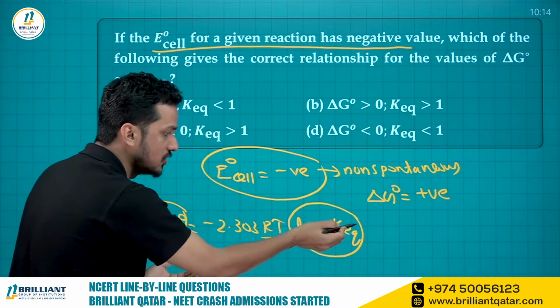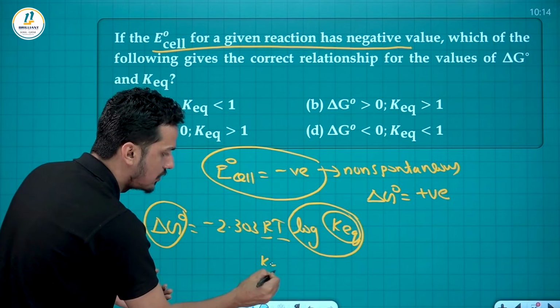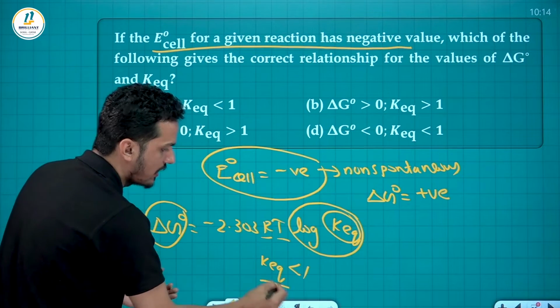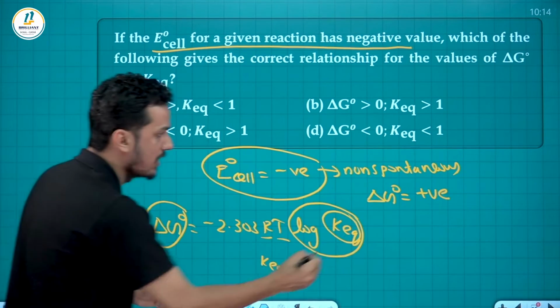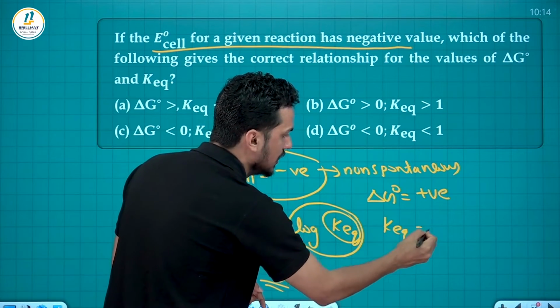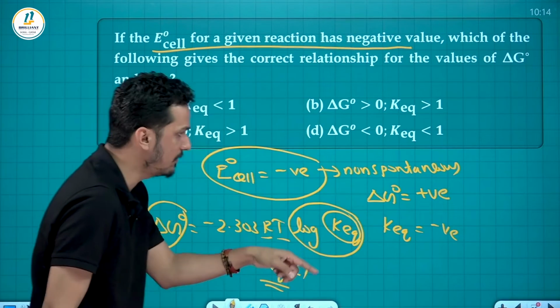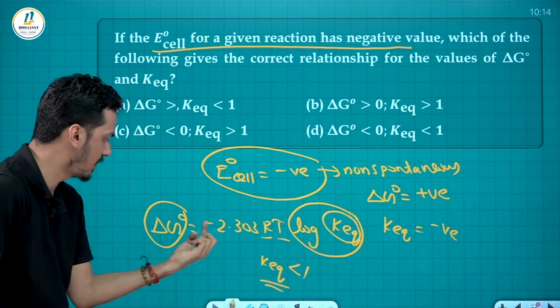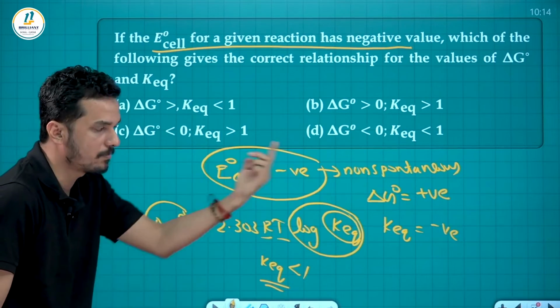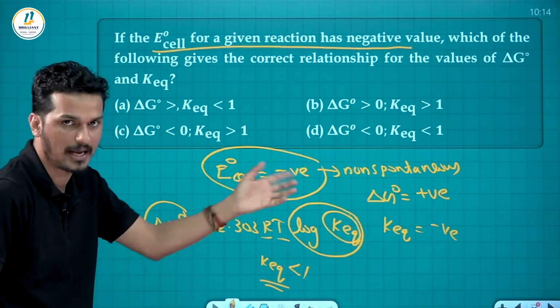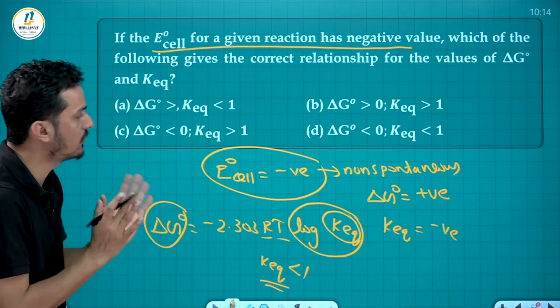Log K negative means the K value should be less than 1. Then this negative and that negative become positive. So delta G becomes positive and E0 cell becomes negative. That's the idea. So we can check the options.